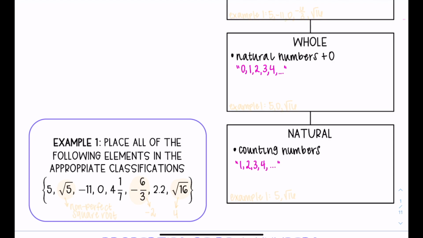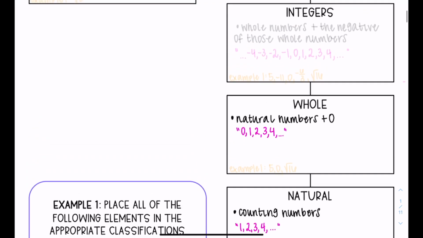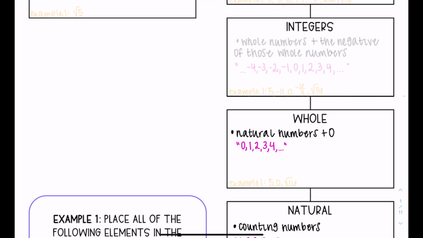Now we're going to add on a little bit more. Integers are what you would see on a number line. So we still have the whole numbers that are involved, but what we're adding is the negative of those numbers. So that's going to be our whole numbers plus the negative of those whole numbers.